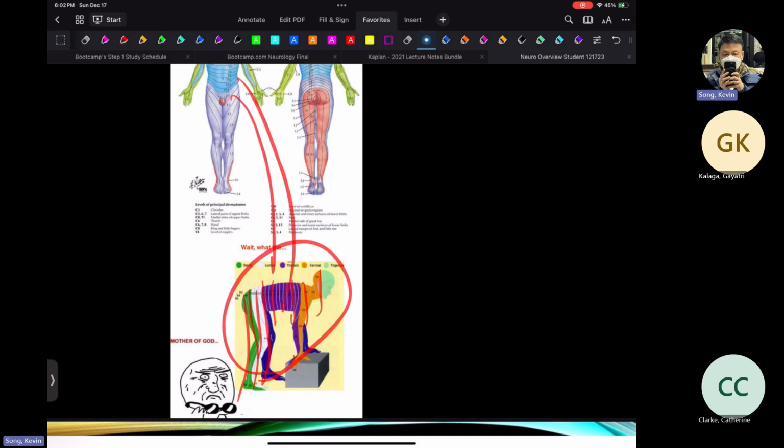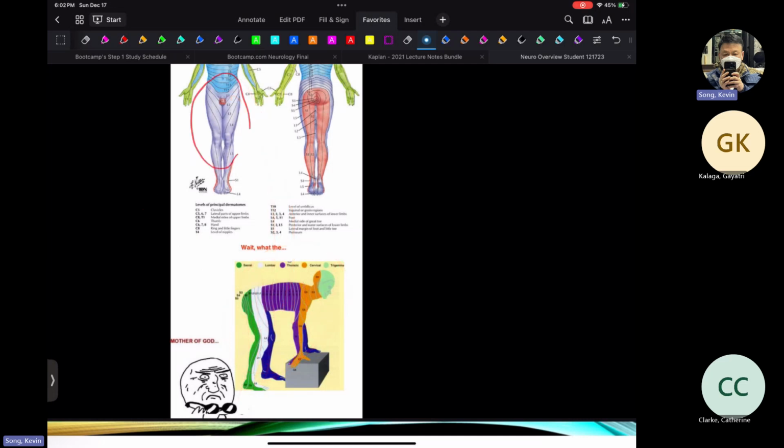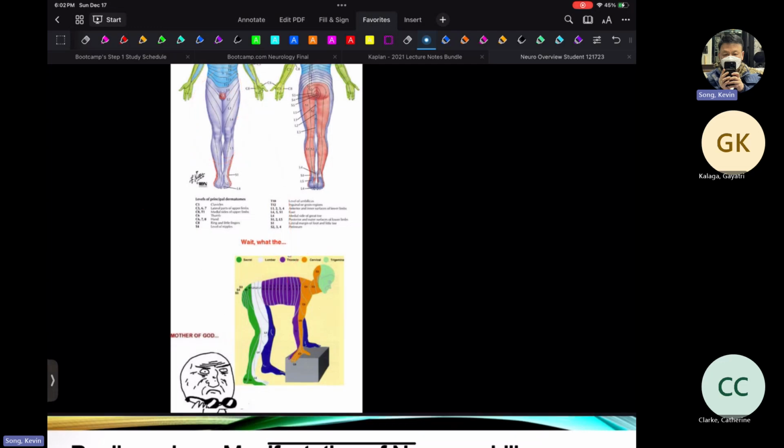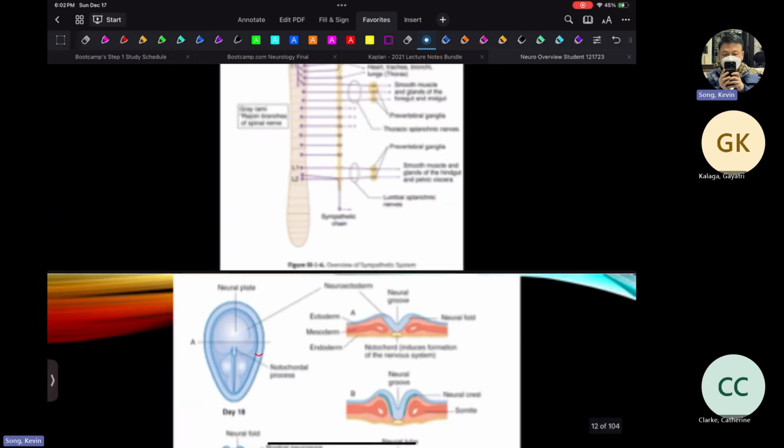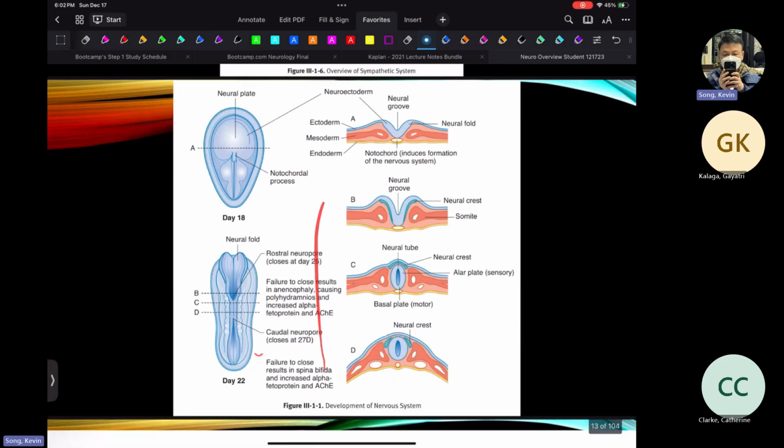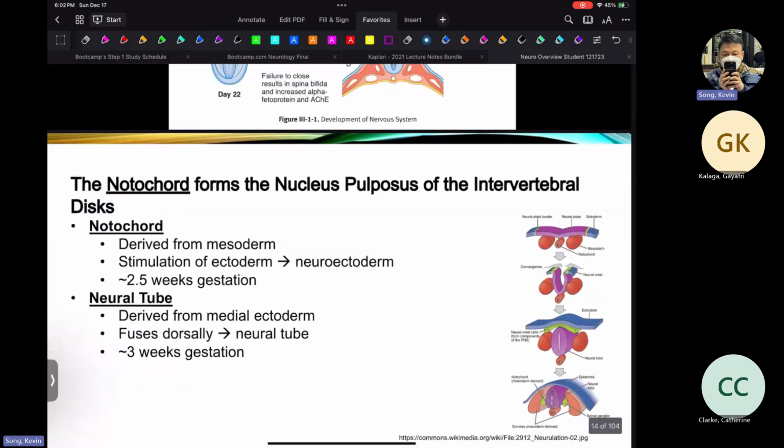So try to picture this person as bending over his back like this. Okay, just a tip.